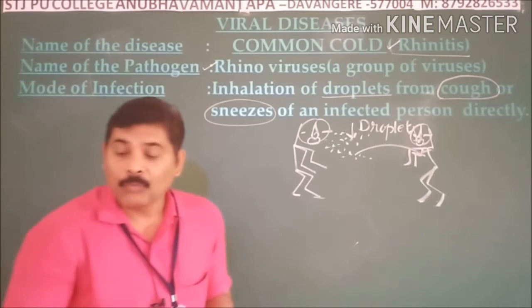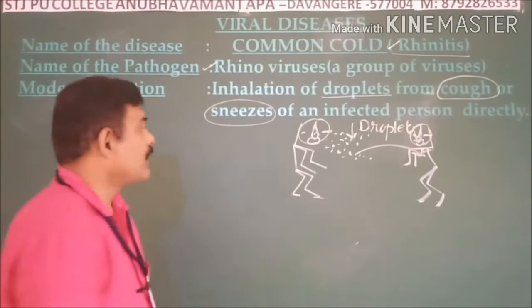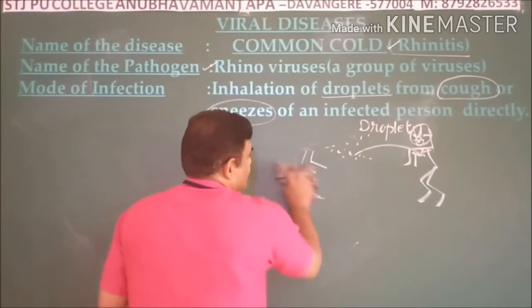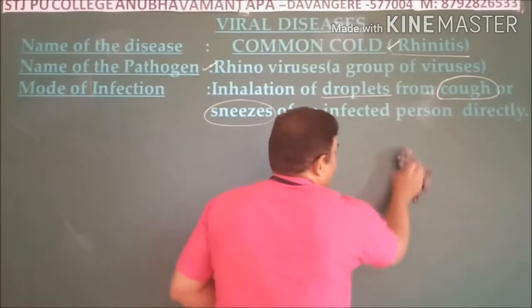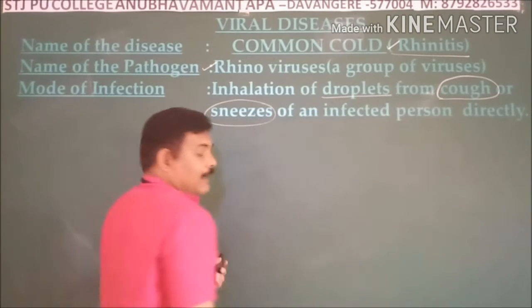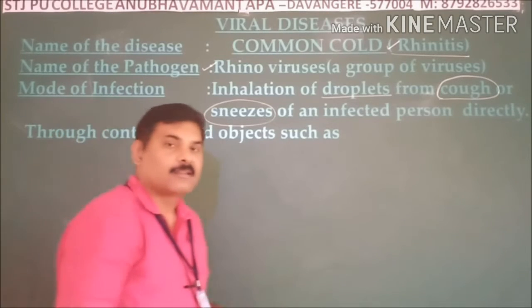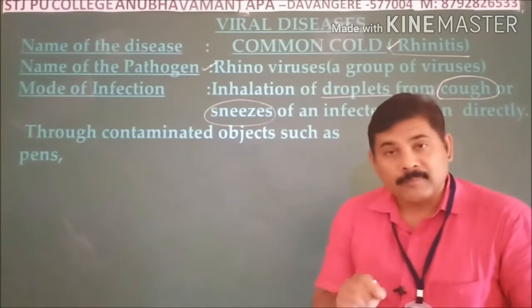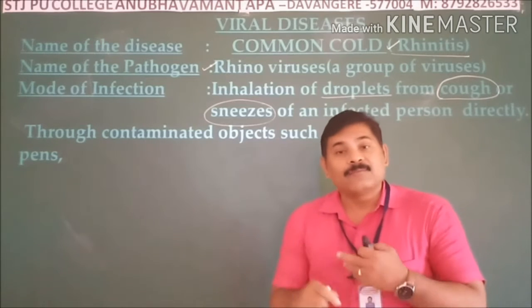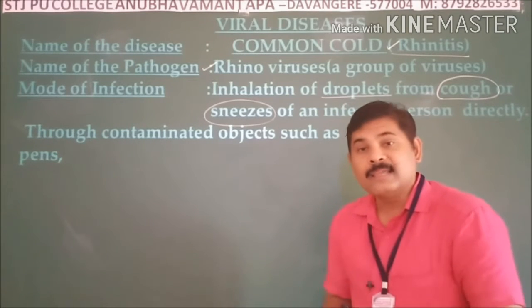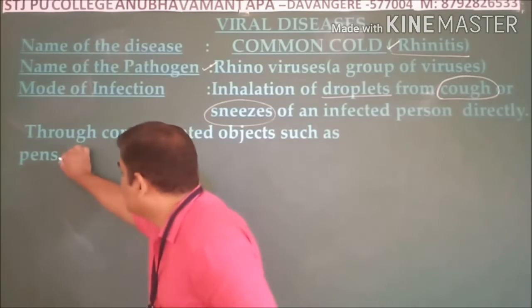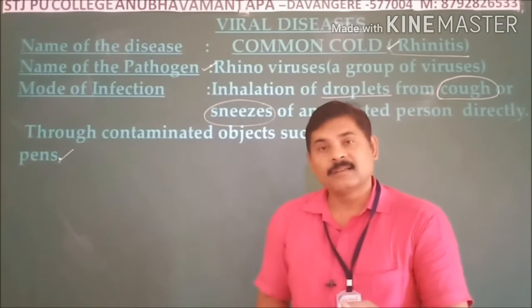Let us see what are the objects that naturally help in the transmission of this disease. The first one is a pen. If an infected person used a pen, and the same pen is used by a healthy person, then the disease gets transmitted.